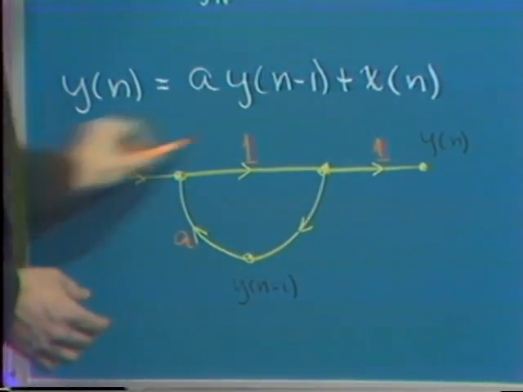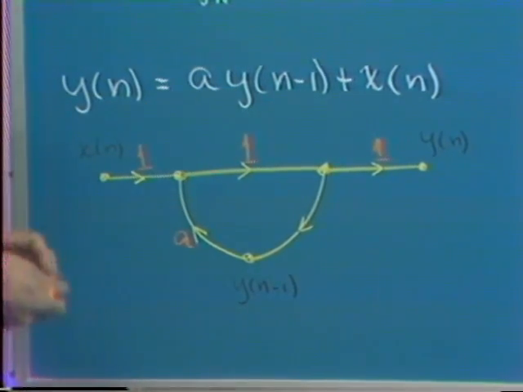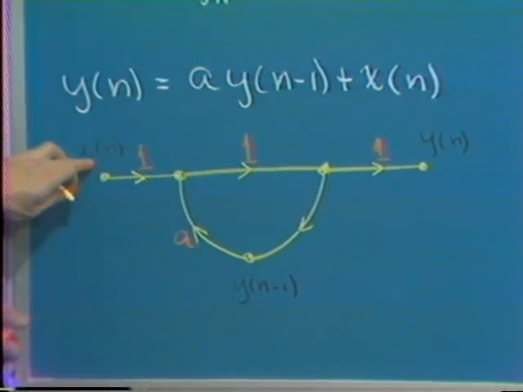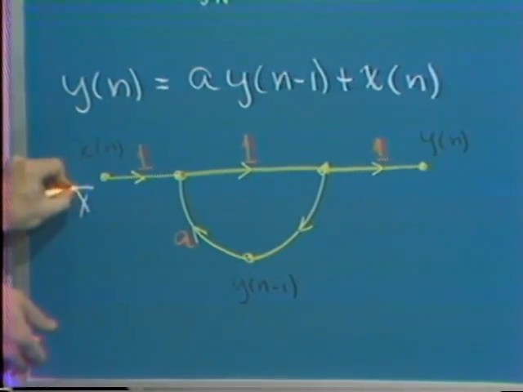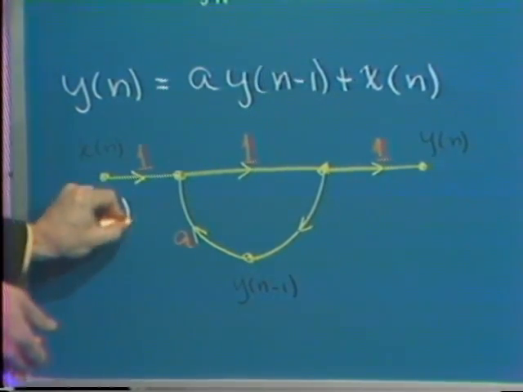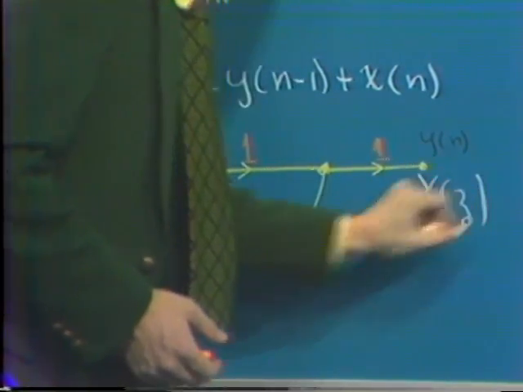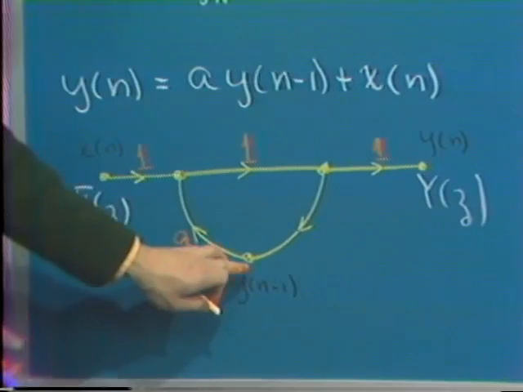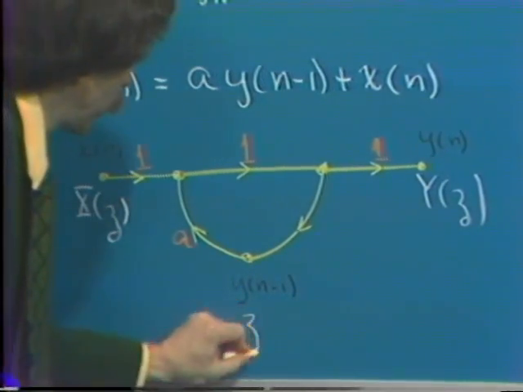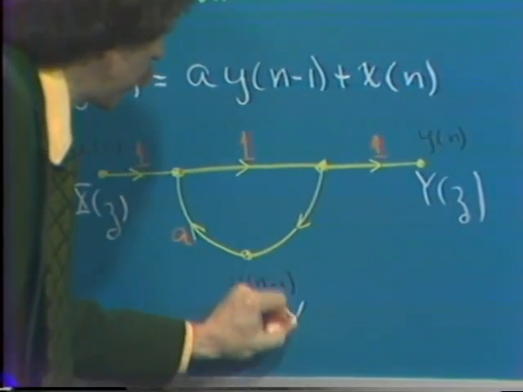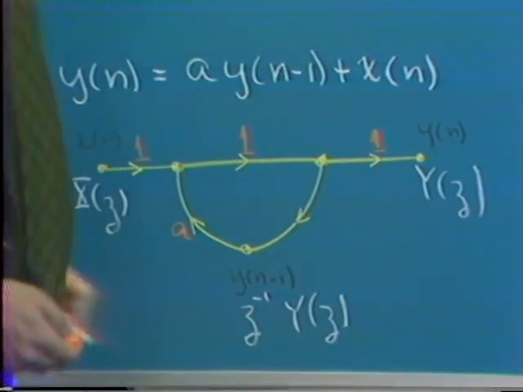So if I were to think of this in terms of the z transform, then in fact the z transform at this node would be z to the minus 1 times y of z.